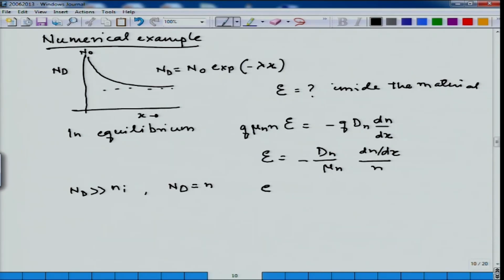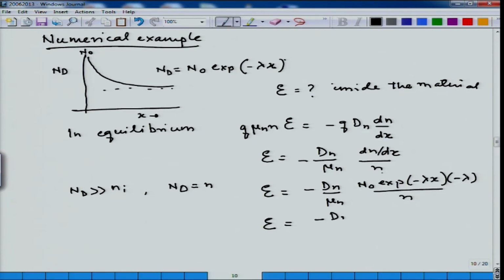In that situation, I can write the electric field is going to be D n over mu n, the differentiation of this equation converted to the carrier concentration divided by n, and that will lead to N naught exponential. n is nothing but this expression itself, and hence I have the expression for electric field, which is this coefficient multiplied by lambda, and this will become positive.